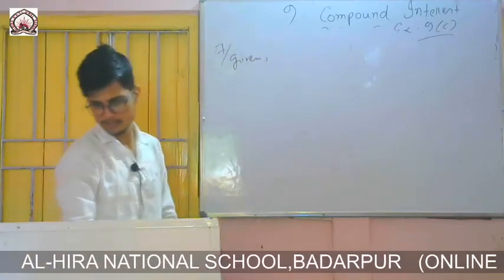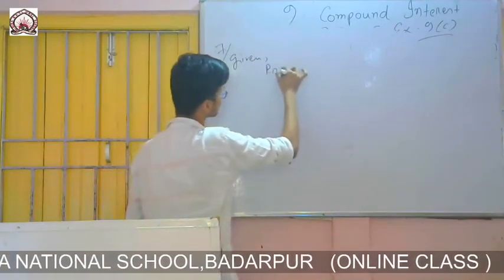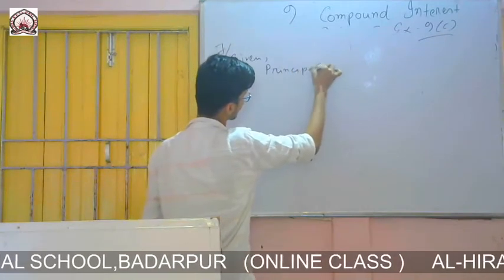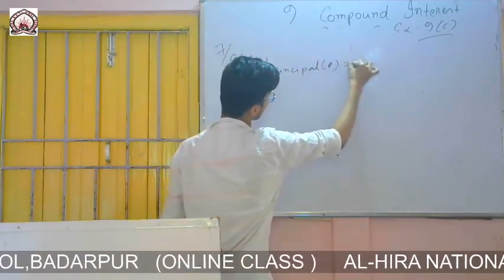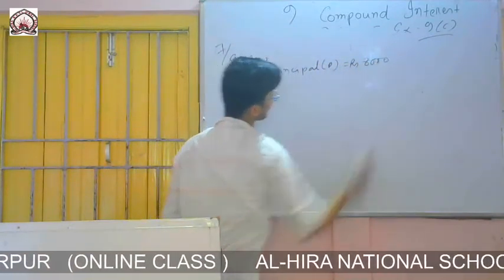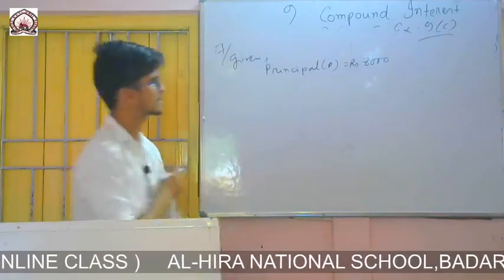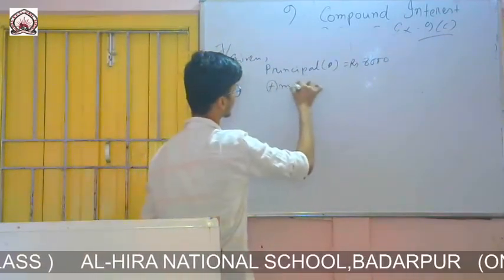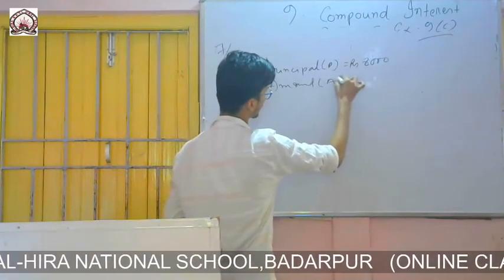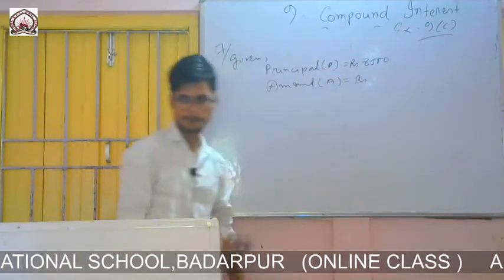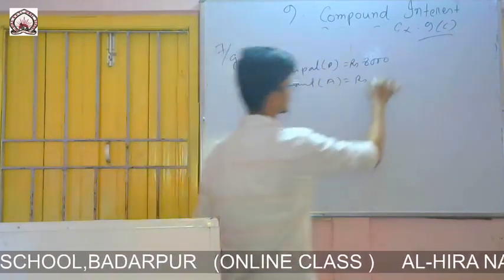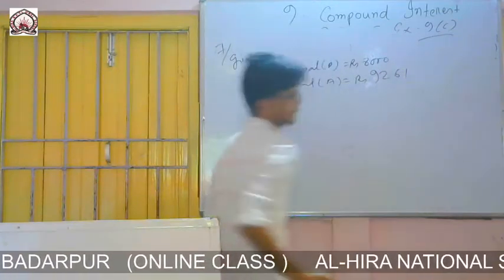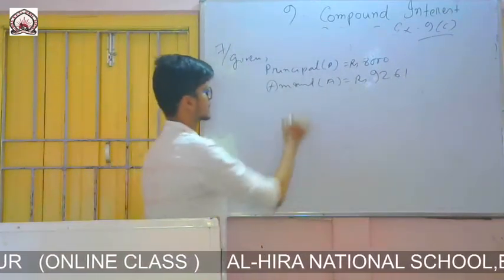Given principal equals rupees 8,000, amount is given 9261, and rate percent is given 5%.